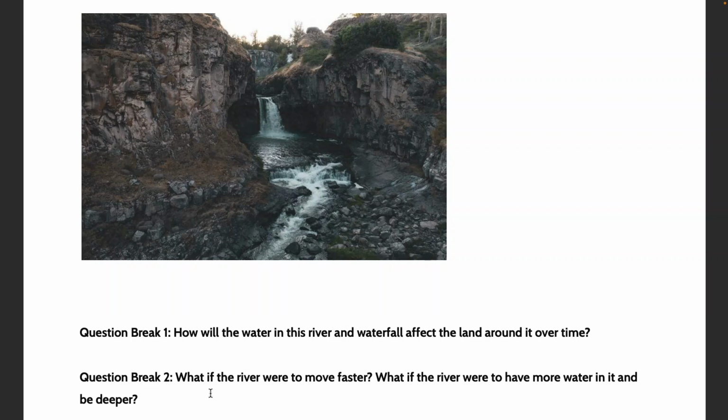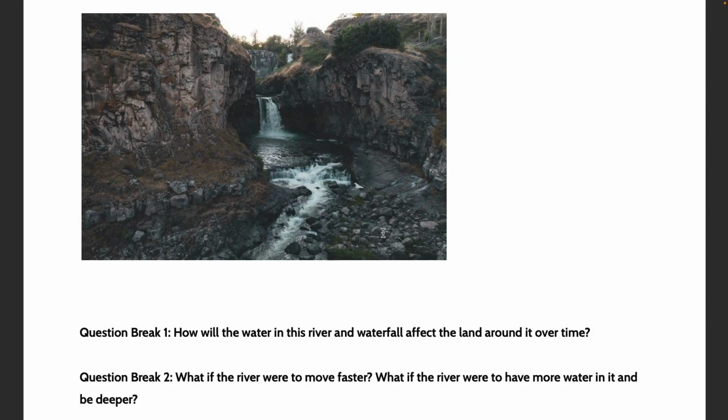And the second question is, what if the river were to move faster? If it moves faster, we got a little more force. It might move things farther. It might be able to carry bigger rocks better than a slow-moving creek. And if the river had more water in it, it would probably have more force to carry these bigger rocks again.